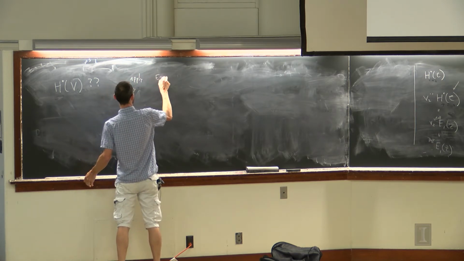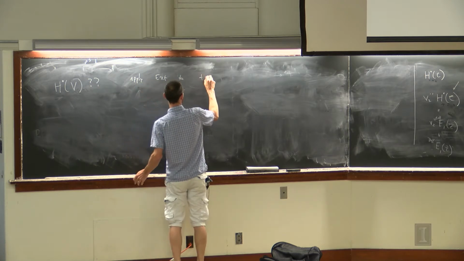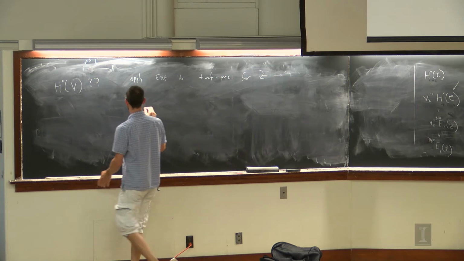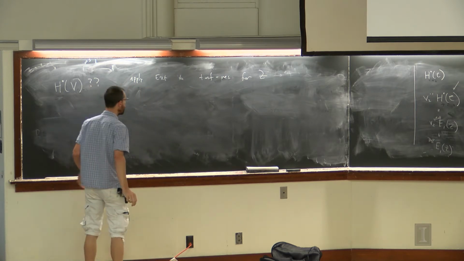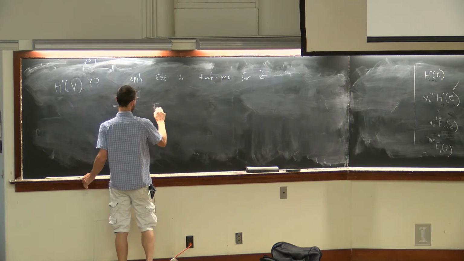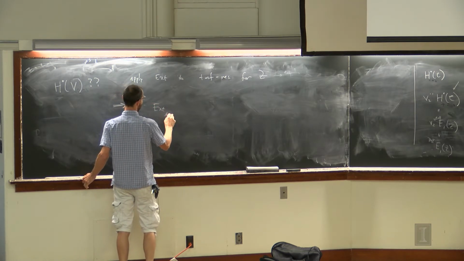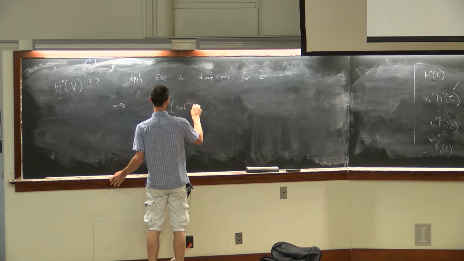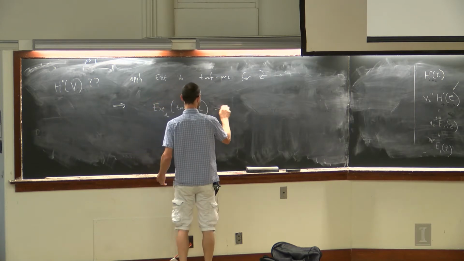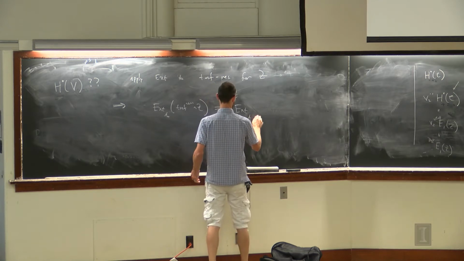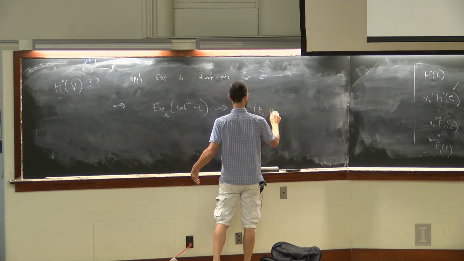So apply X to the TMF resolution for Z, and what you end up with is a spectral sequence that starts with X over the Steenrod algebra of TMF smashed with itself S plus 1 times smash Z, converging to X of the Steenrod algebra F2, F2.